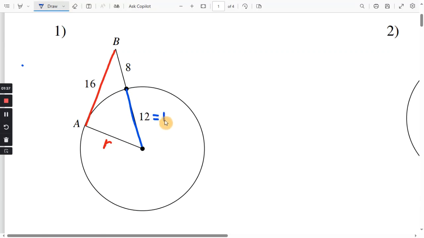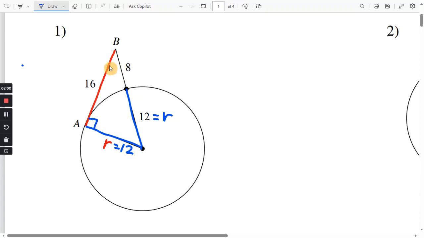If the radius equals 12, this radius right here is also going to be 12. We want to prove that AB is tangent to the circle. If this is the radius and this is the potential tangent, it has to make a right angle right here.